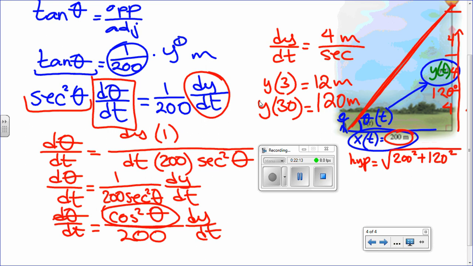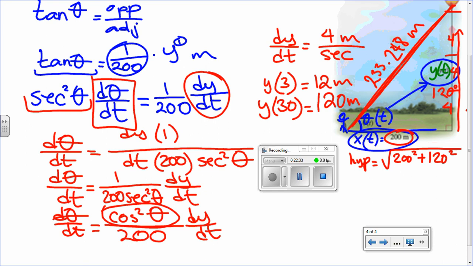We just put that on the calculator. Approximately, it will be 248 meters. And so that is what we are getting after 30 seconds.